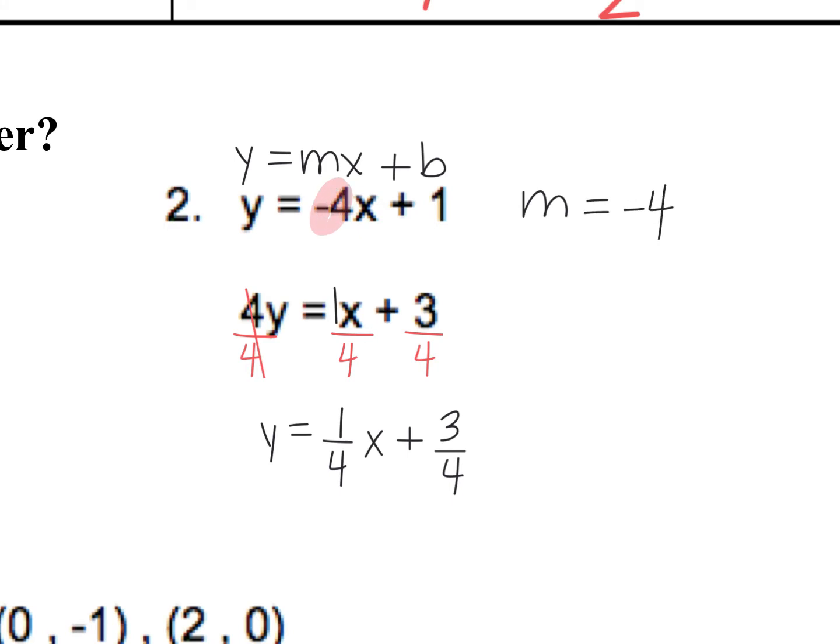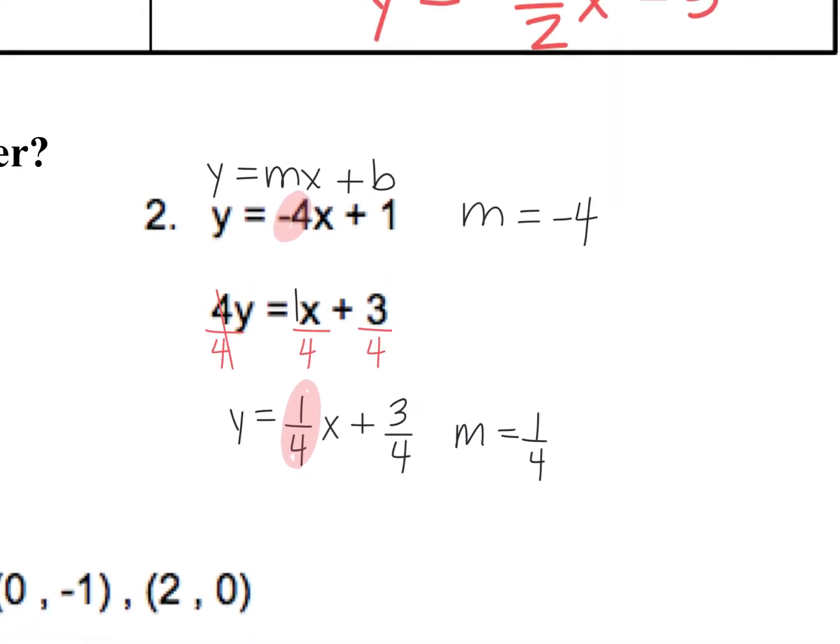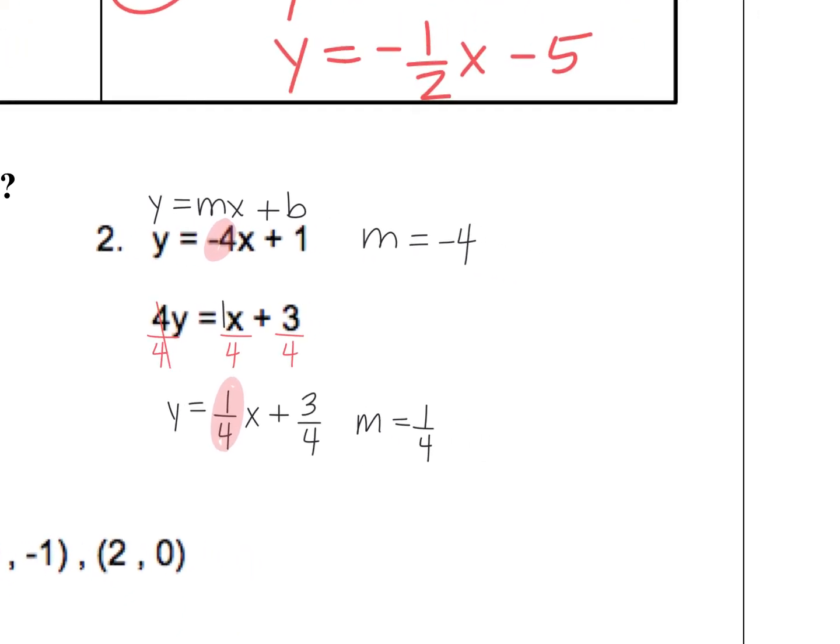The second equation has a slope now of, we can actually see it now, 1/4. So if it's not y equals mx plus b, guys, you have to rearrange it. So -4 and +1/4. Are these parallel, perpendicular, or neither? This is perpendicular because it's -4/1 and then it's +1/4. So yeah, these are perpendicular.